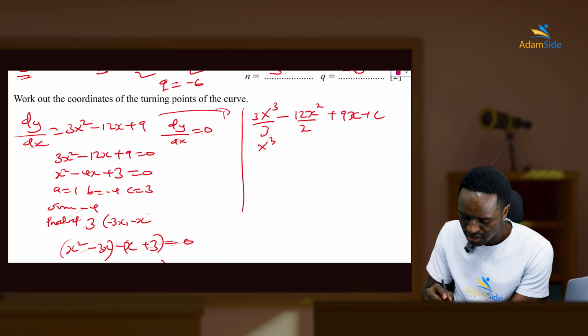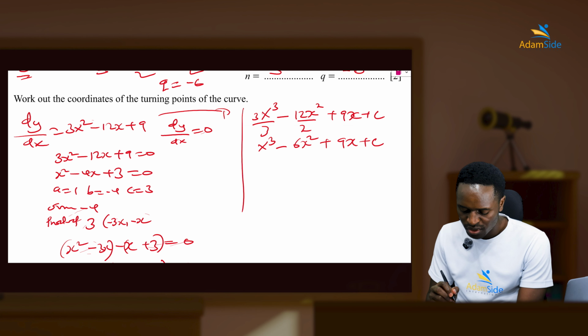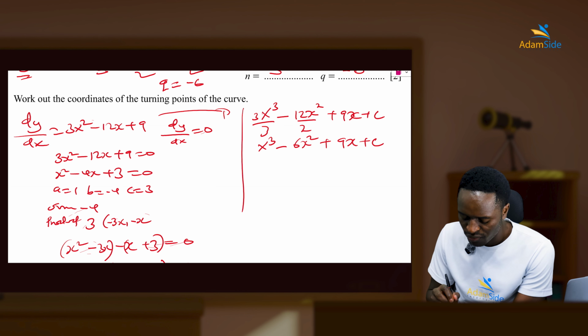Correct. And then if you do this, you get x cubed minus 6x squared plus 9x. So when you put this into the function, you'll be able to get the value of y.